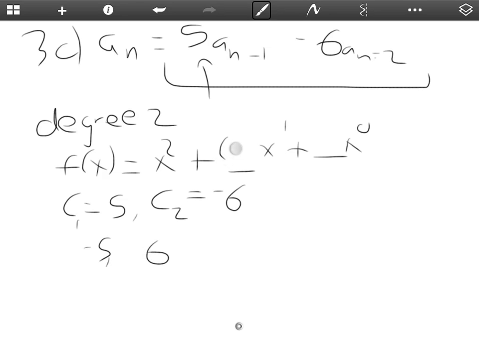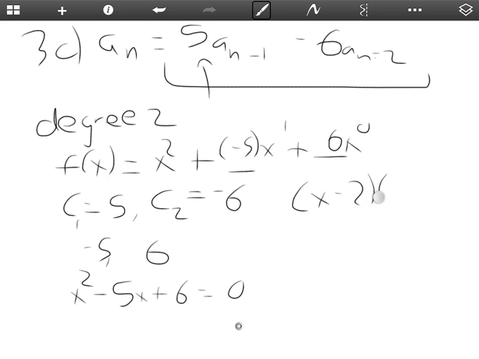So we have x squared minus 5x plus 6 is equal to 0, because this is homogeneous, and a homogeneous equation is equal to 0. And so we can solve for the roots, which is (x - 2)(x - 3), and so x is equal to 2 and 3. The roots of our equation are 2 and 3.